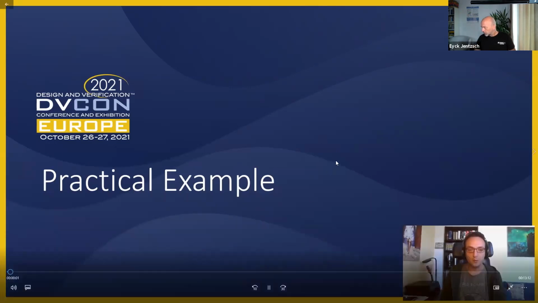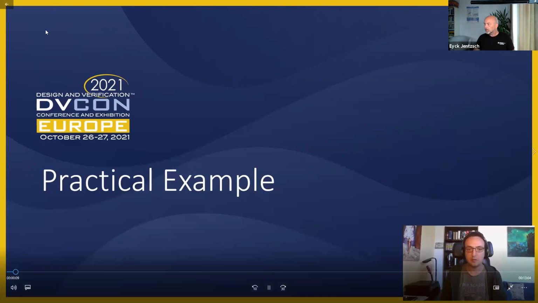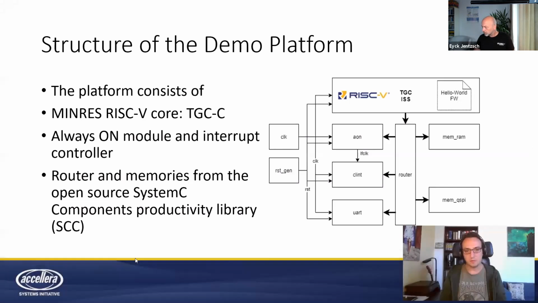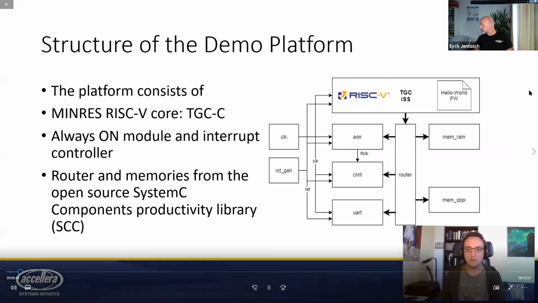Hello, my name is Dr. and I'm a senior software developer. We will build up a Python top level for a small VP system based on a processor and the minimal set of peripherals. TGC is a mimimal implementation of an ISS.